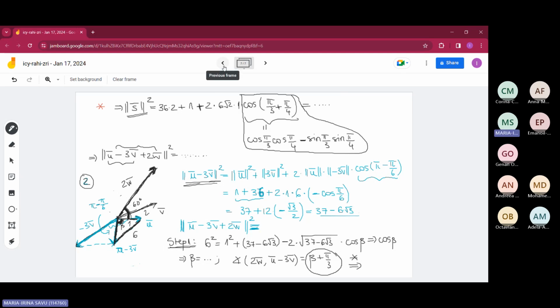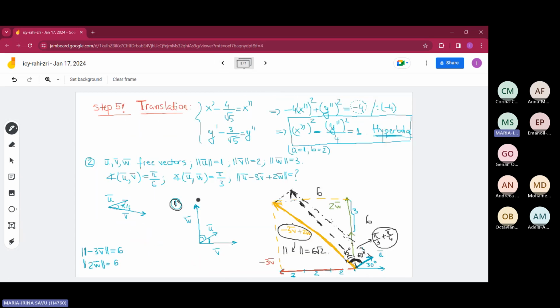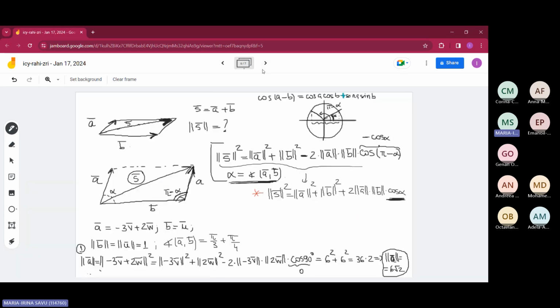Okay, it took me a little longer because I wanted to write all the formulas to deduce, but if you make a fast drawing, you will see how the angles look like. And if you apply this formula twice in each case, you will see that you get a nice result.